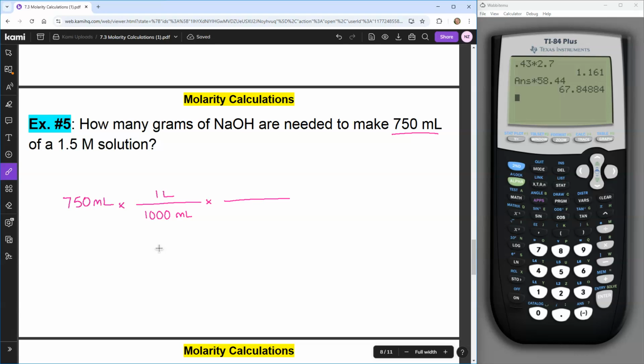Now, going from liters to moles, and then from moles to grams, just like in the previous problem, if it's 1.5 molar, that means in 1 liter, I have 1.5 moles. Now I can go from moles to grams. For every 1 mole, sodium hydroxide's molar mass is 40 grams.